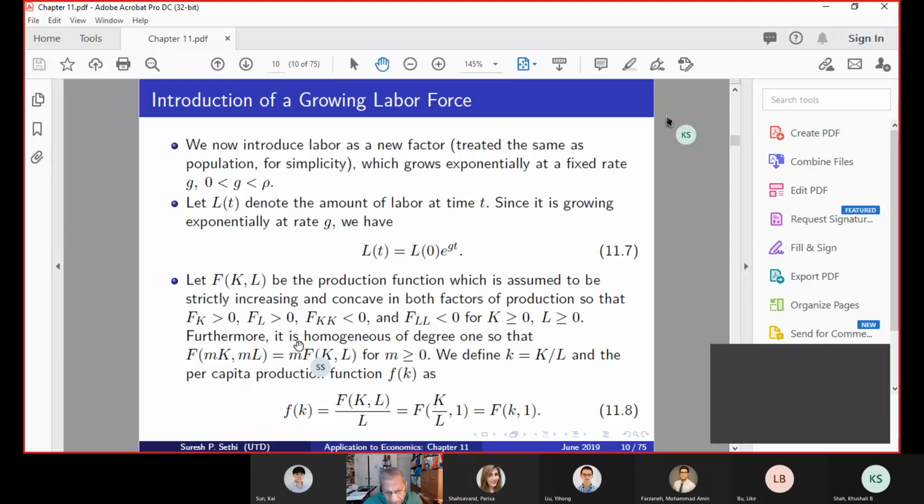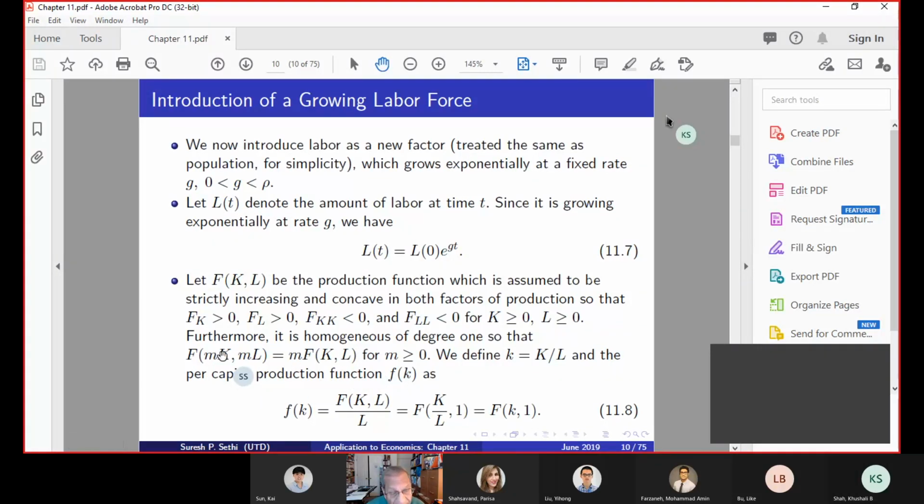But there's another one, it's called the degree. Homogeneous degree of 1 means that if I multiply K by M and multiply L by M, then my product should be M times F(K, L). The argument is like this.